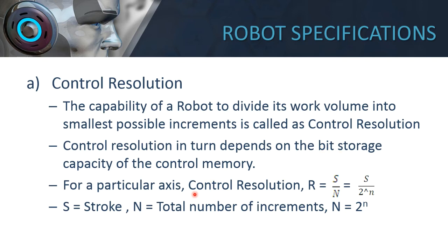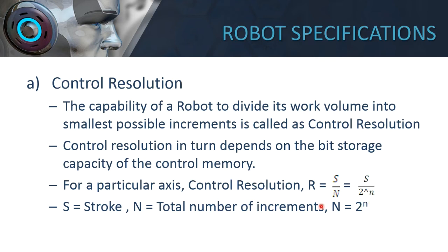For a particular axis, the control resolution is defined by R = S / N, where S is the stroke. We have discussed reach and stroke in the previous slides, so if you have any doubts, go back to the previous slide and understand what stroke is. N is the total number of increments, which is given by 2^n, where small n is the bit storage capacity.